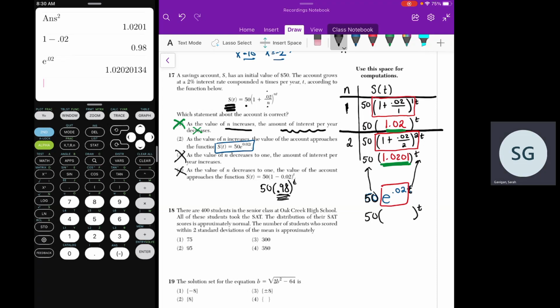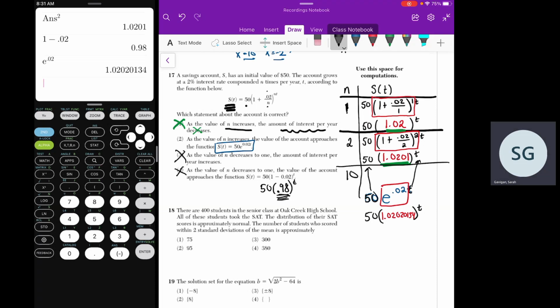Now what you can see is that number is 1.02020134. Now what we had was n equals 1 is 1.02, n equals 2 is 1.0201. So let's pick a bigger number. Let's pick like 10. So I'm going to continue this chart.